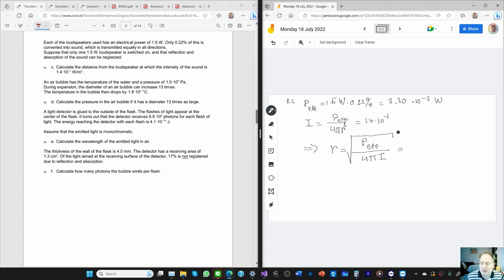So 3.3 times 10 to the power minus 2 divided by 4 pi times 1.4 times 10 to the power minus 1.